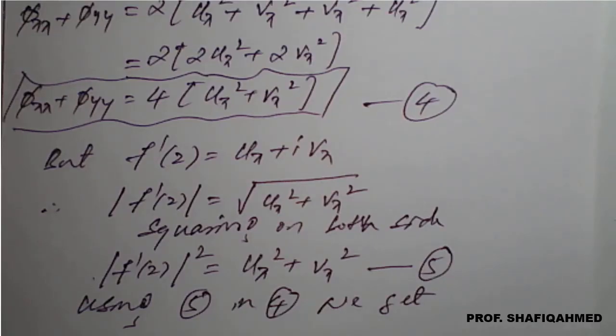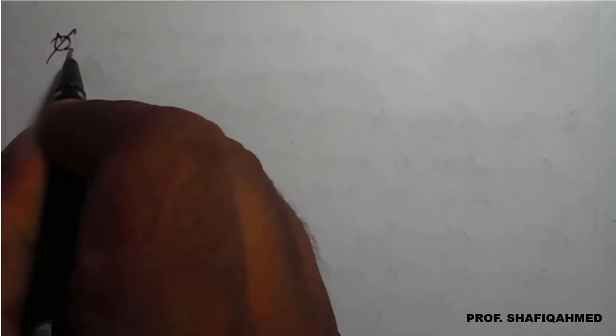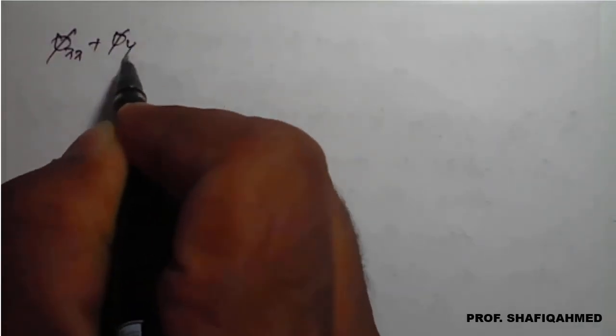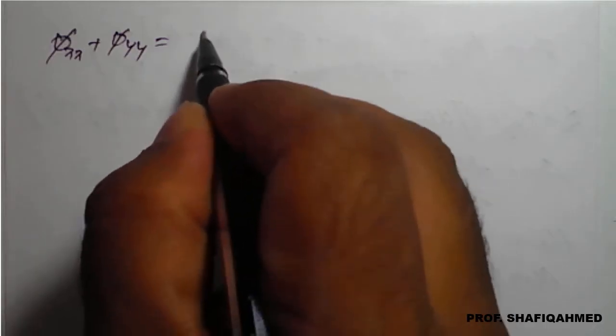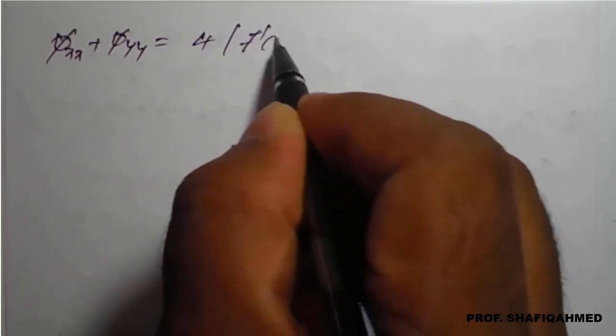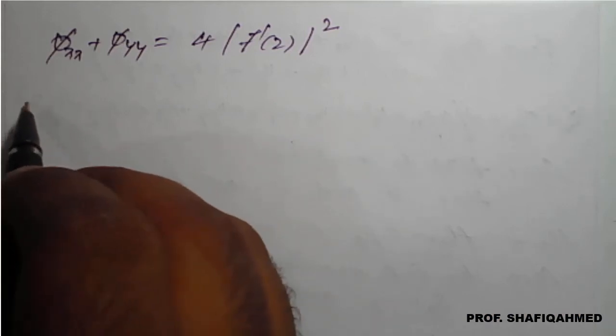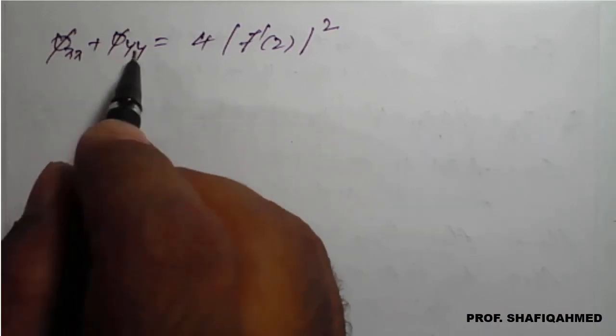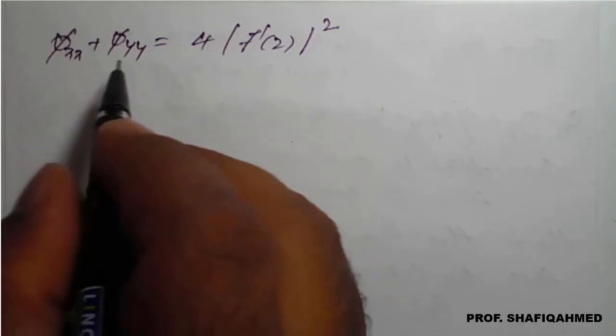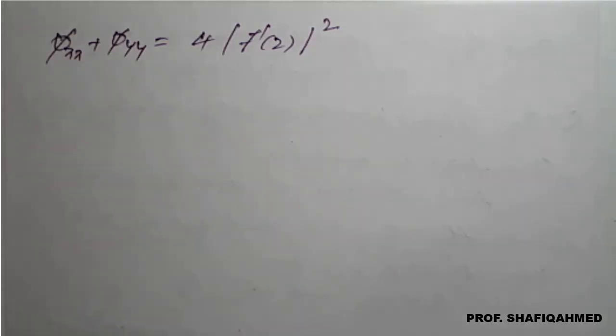Therefore phi of xx plus phi of yy is equal to 4 times modulus of f dash of z whole square. If you prove this, we have already seen it in the statement I have given. What is that statement? I will show that one.